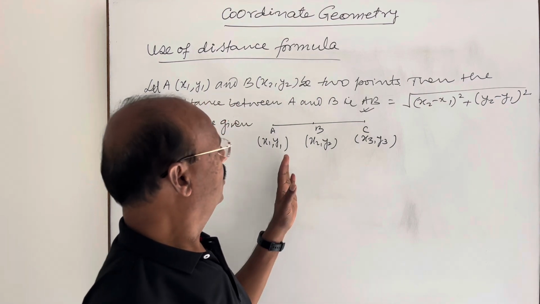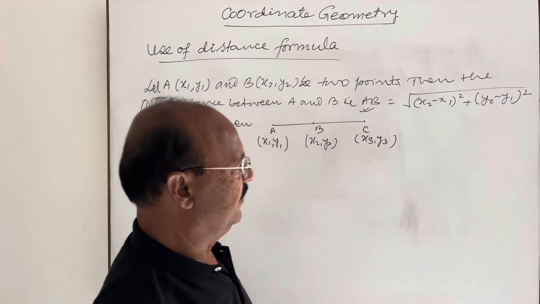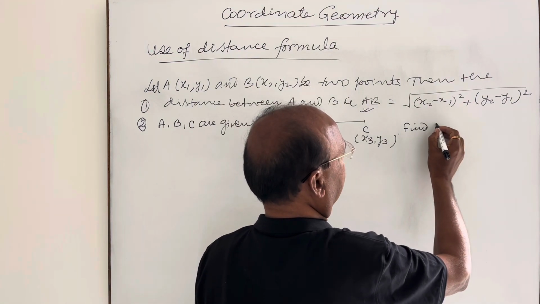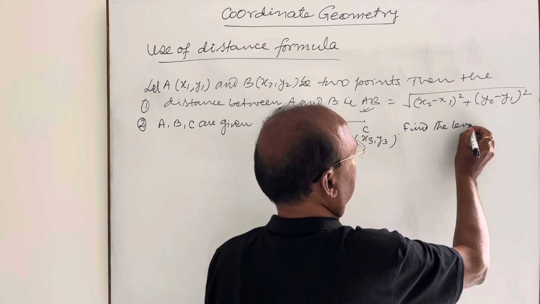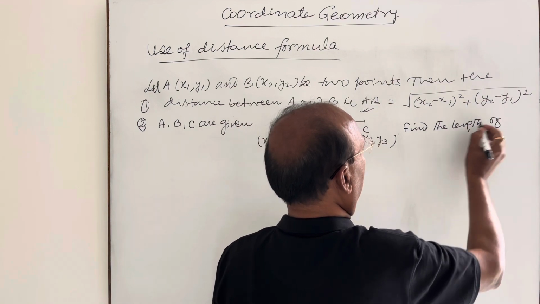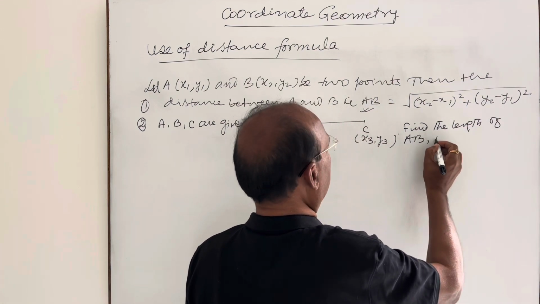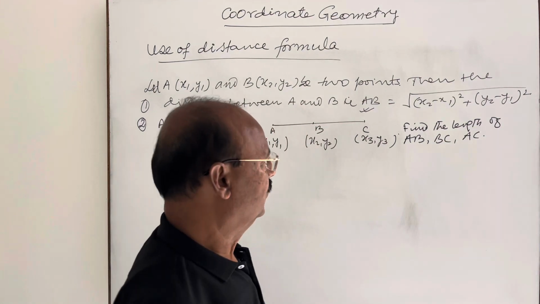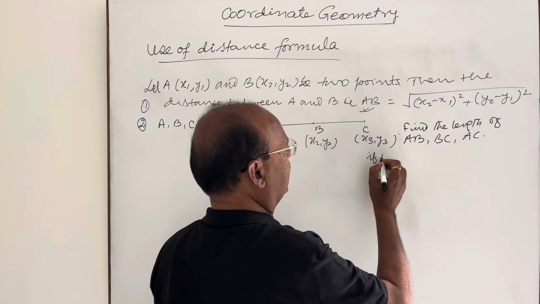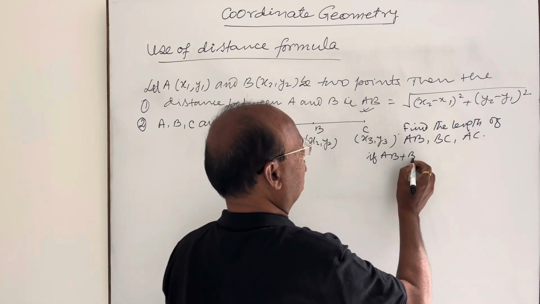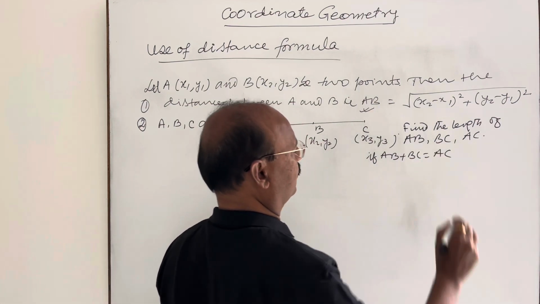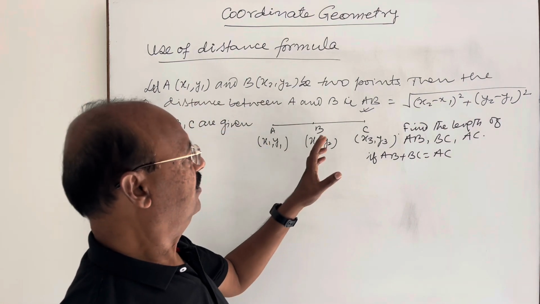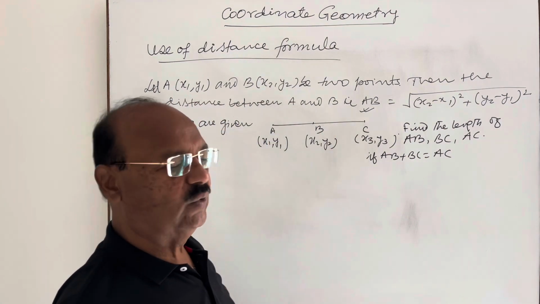First of all, we will find the lengths of the line segments AB, BC and AC. If we find that AB plus BC is equal to AC, this is possible only when A, B, C are collinear.